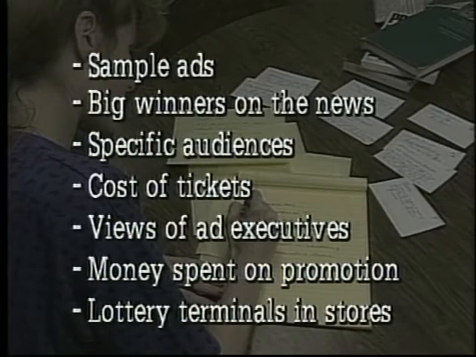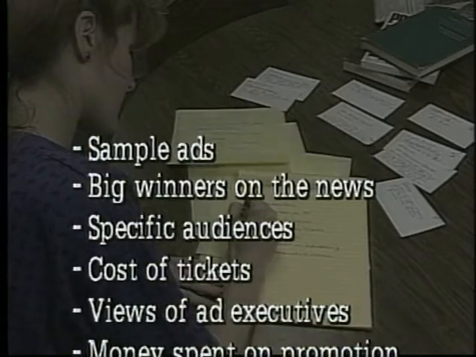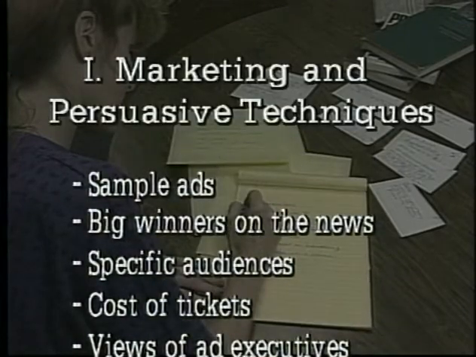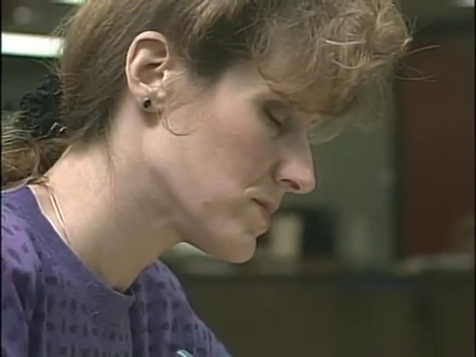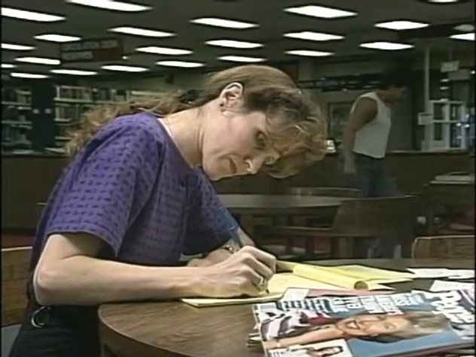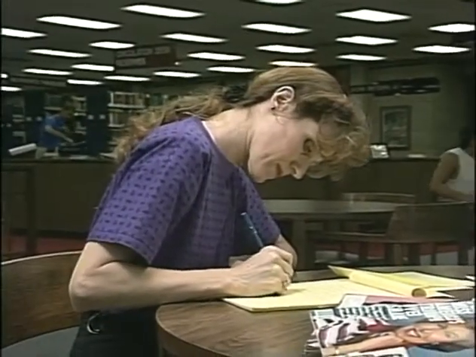All of the ideas listed here really can be lumped together under one main category: marketing and persuasive techniques. With several examples to support that idea, depending on the size of the assignment, you may have too many subheadings and will have to choose only the most important points. But for now, let's keep all the subheadings in the outline and save the editing for later.